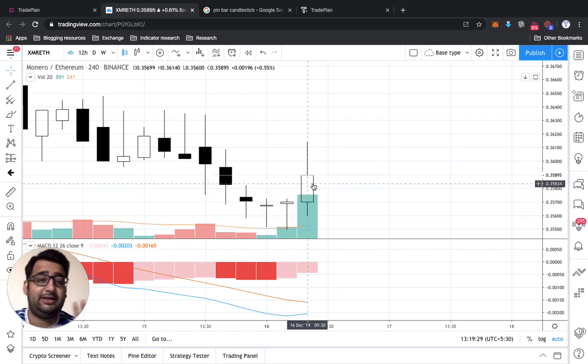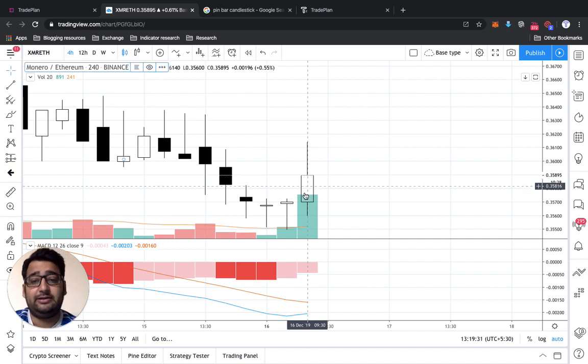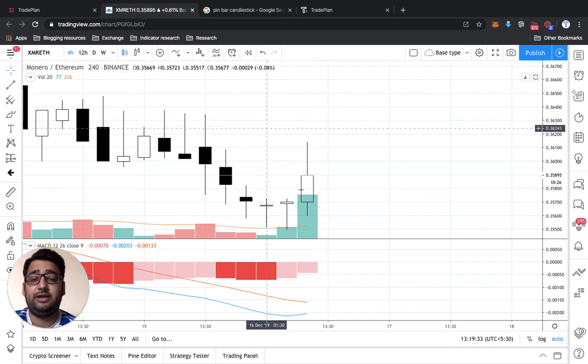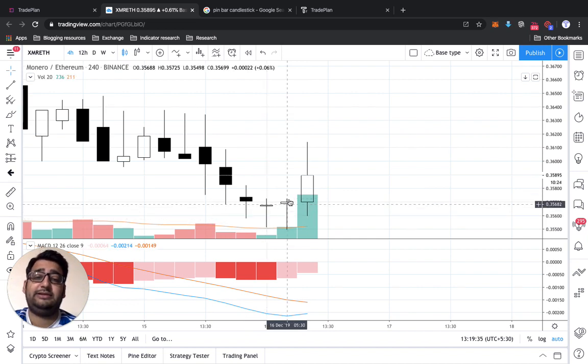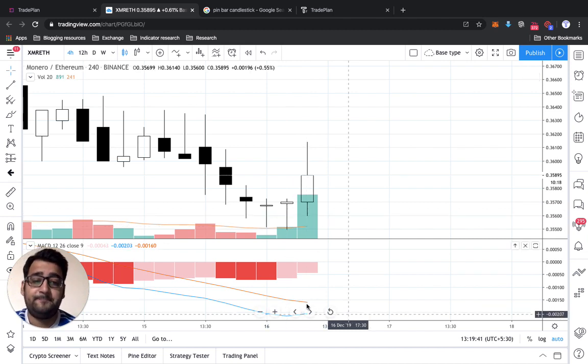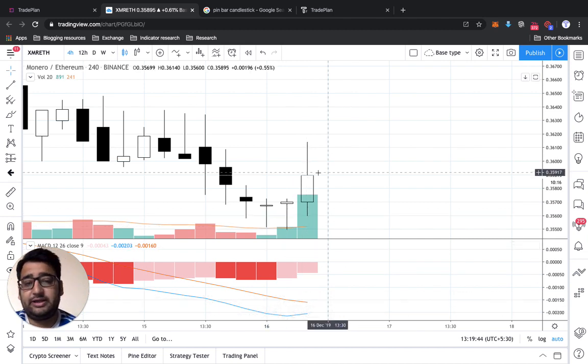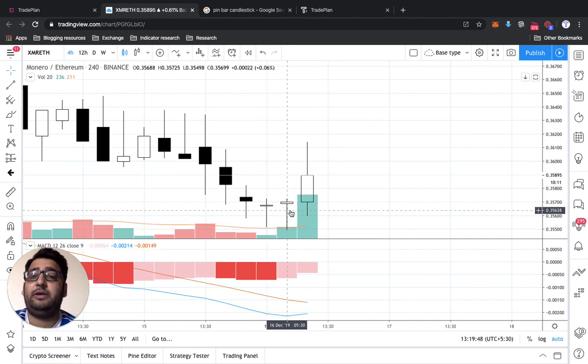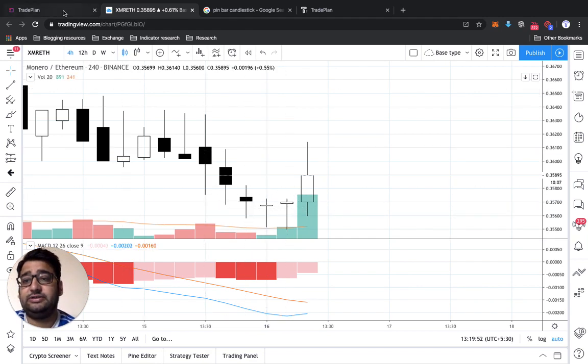I'm not making any claims, it's purely educational, but again, if you are a guy who's looking for a pin bar, now you found your pin bar, right? So from here, what you want to do is up to you. You can do your secondary research, you can make your plans, or you can just wait for this crossover to happen. Again, this is completely up to you, but we are able to find our pin bar out of, let's say, 500-600 pairs.